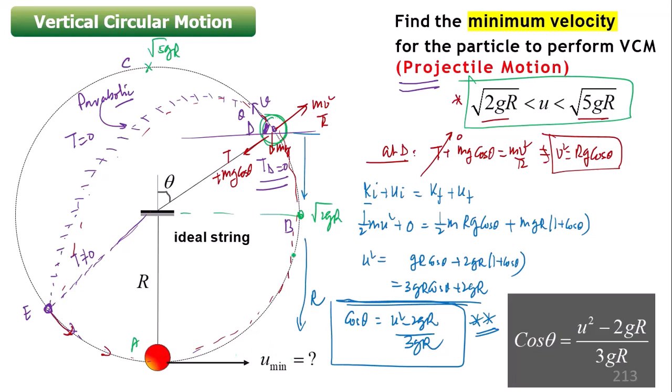Depending on what velocity you are projecting the particle with, you can check up to what point the particle will go, whether it is crossing only point B, or crossing C, or crossing D. And if the particle is projected with a velocity between root 2gr and root 5gr, the particle will eventually perform a parabolic or projectile motion. For the point from where it will start the projectile, theta is this one. Mind it that theta is calculated from the vertical direction. So this is the answer for this equation.